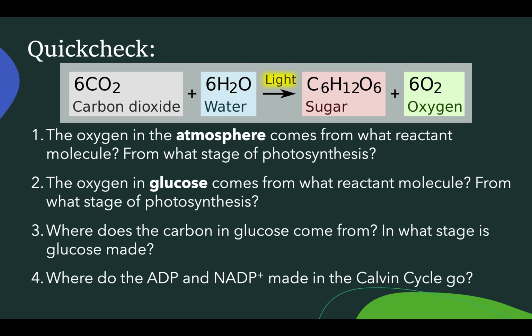That means that we have generated a bunch of ADP and NADP+. Where does that go? Just think for a second. Yes, of course, it has to go back into the light reactions because those are needed so that we can create more ATP and NADPH and start the whole shebang again. Okay, come with questions and be ready to discuss. Excellent job.